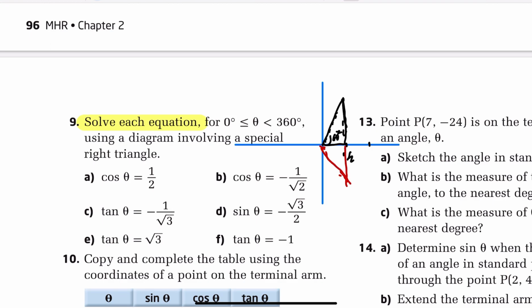Both of them have a positive cos, which is a half. So this is 60 degrees and this is minus 60 degrees, or 360 minus 60, which is 300. So it is 60 degrees or 300 degrees.